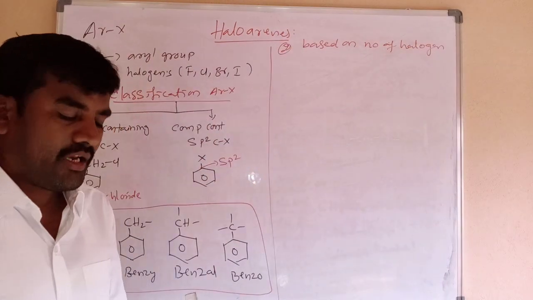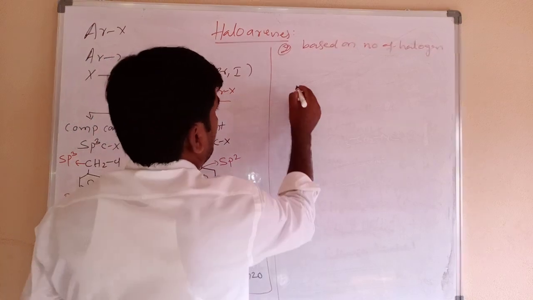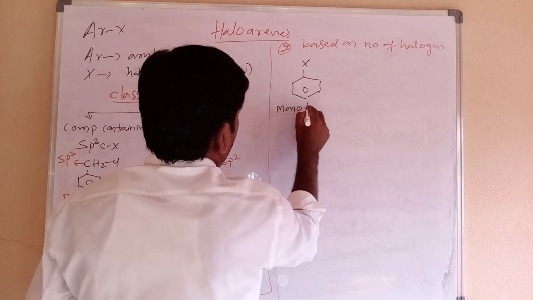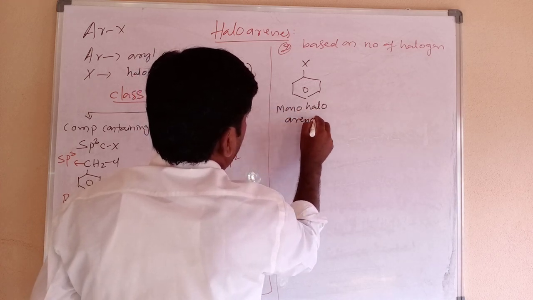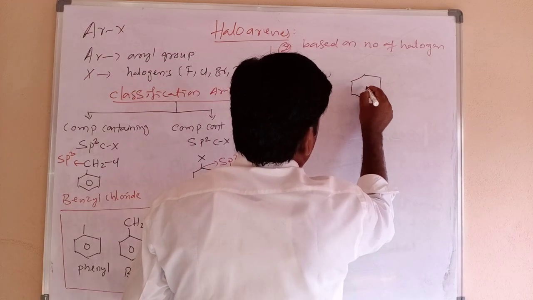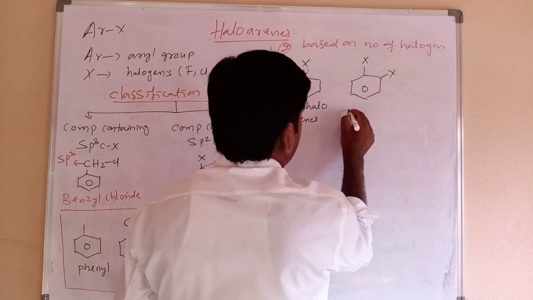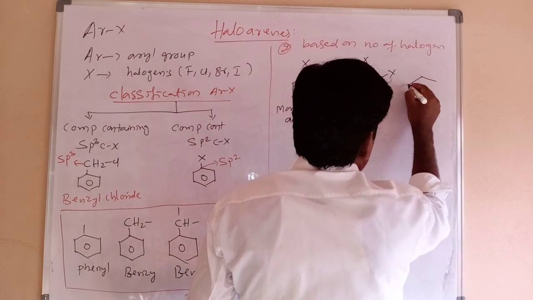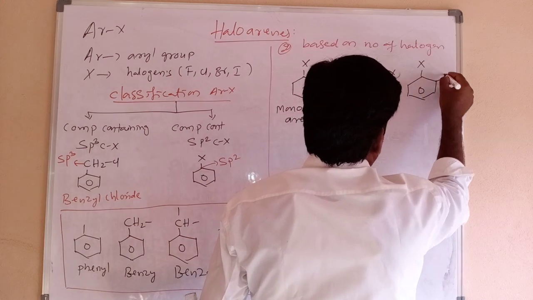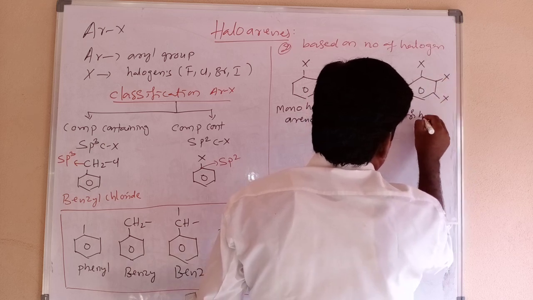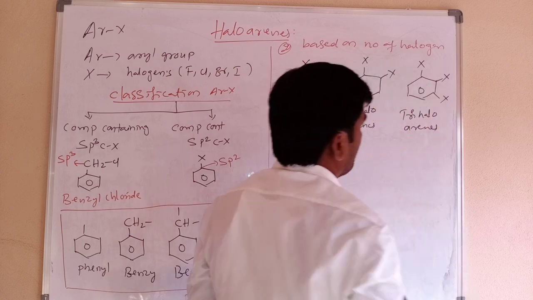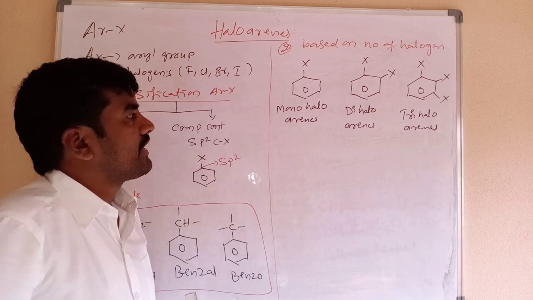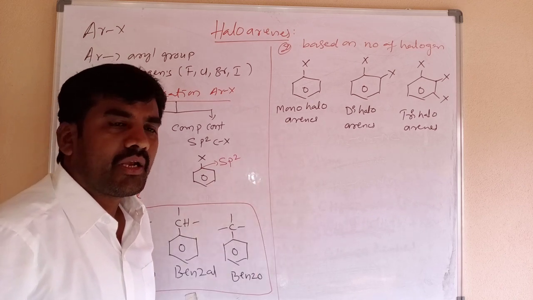Based on the number of halogen atoms, they are classified into, directly I am writing, monohaloarenes, dihaloarenes, trihaloarenes. Depending on the number of halogen atoms, haloarenes are classified into monohaloarenes, dihaloarenes, trihaloarenes and polyhaloarenes.